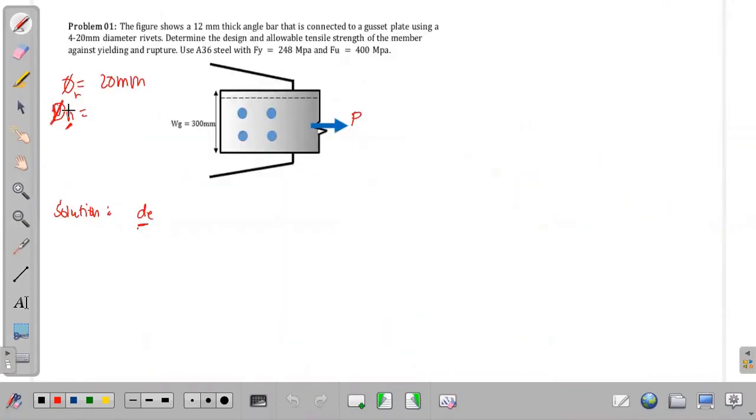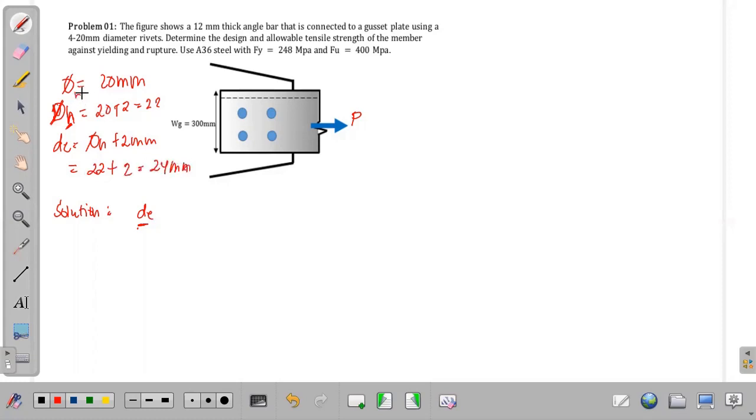So for the nominal diameter of hole, that is the diameter of rivet, 20 plus 2, so that is 22. Okay? So the effective hole diameter is the nominal hole plus 2 mm. So that is 22 plus 2, that is 24 mm.